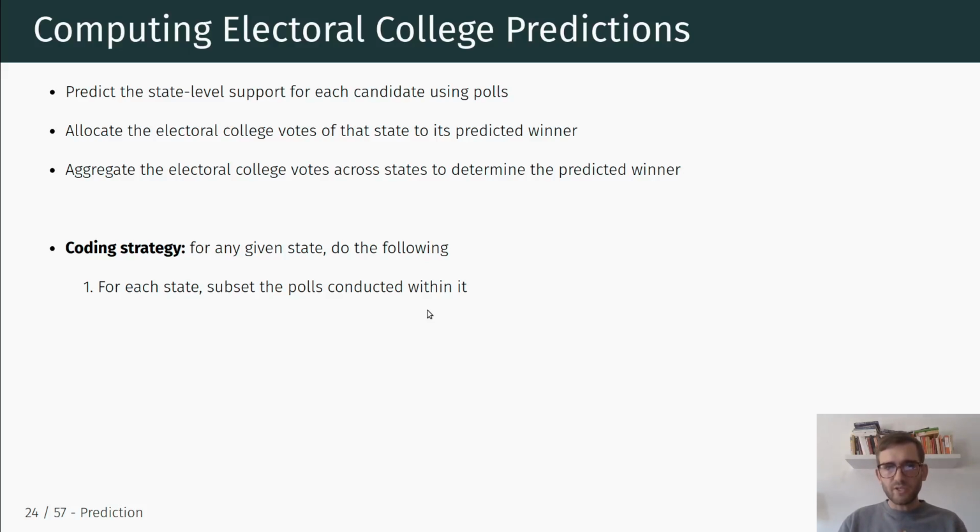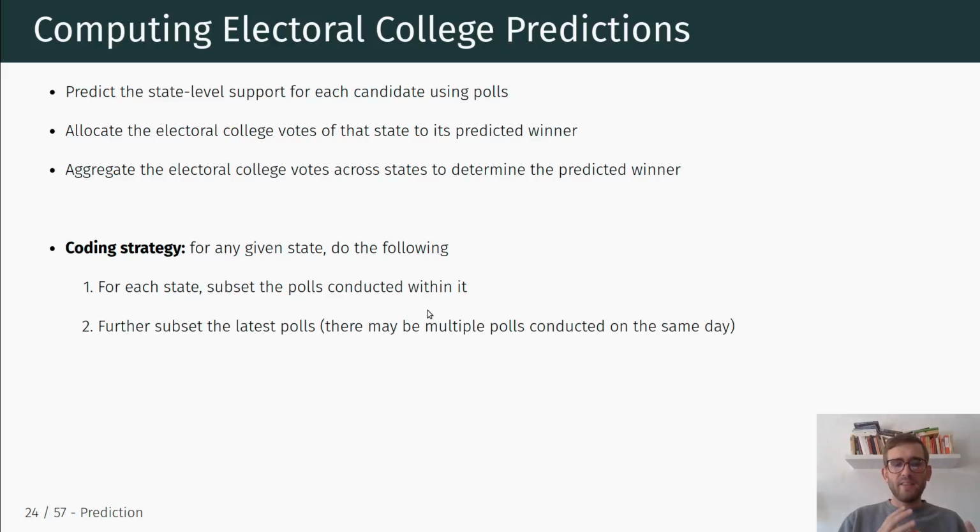And so the coding strategy here will be, for any given state, we have to do the following. First, for each state, we want to subset the polls conducted within it, right? So that's a subset of only polls that were conducted within a given state. And then we want to further subset the latest polls, right? So we could take all polls that we have included in our data set and average across all of them.